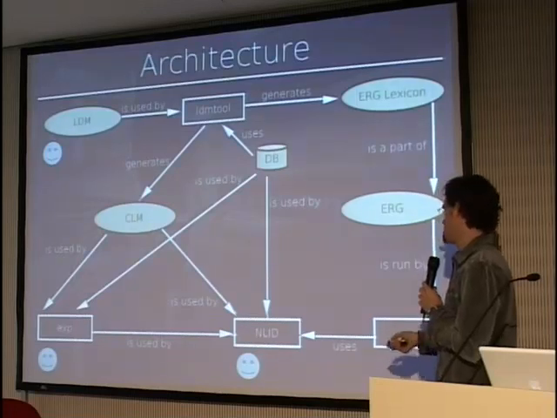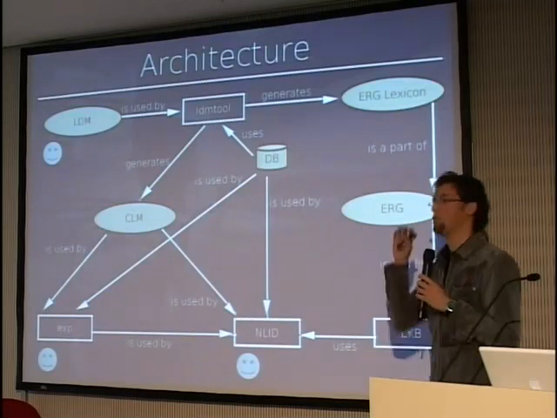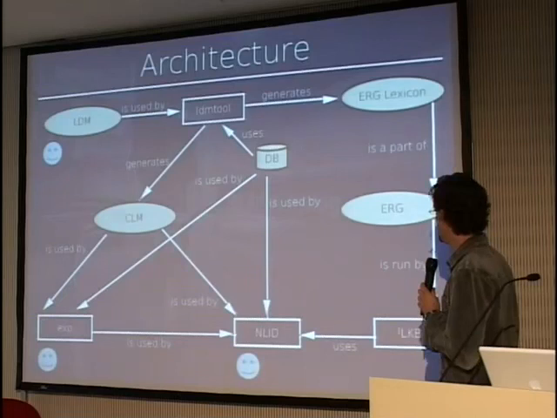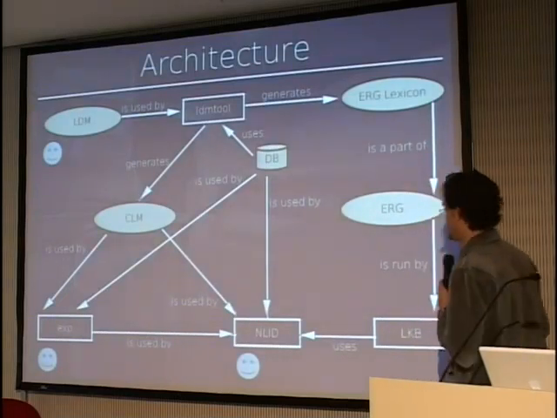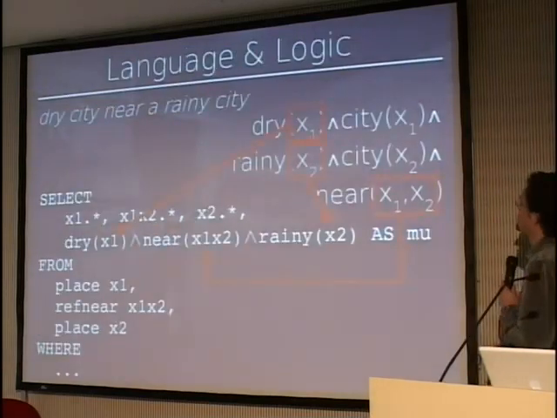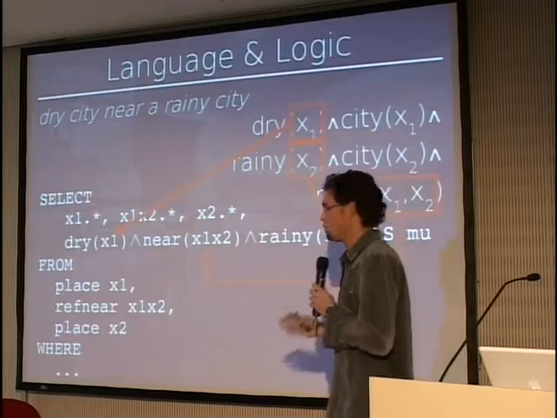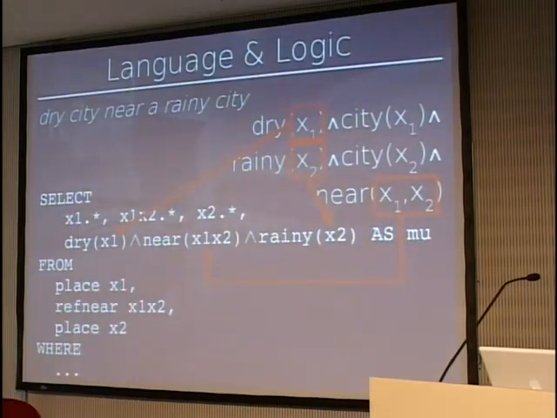This database interface can take a natural language expression, hot, dry city near San Francisco, and plug it into the LKB. The LKB uses all of this linguistic knowledge to return a logical form. That logical form could look like this. This is actually quite a non-trivial problem. If you were doing natural language processing back in the 70s, you didn't have a broad coverage grammar like the ERG, and you didn't have an LKB that does all of this work for you.